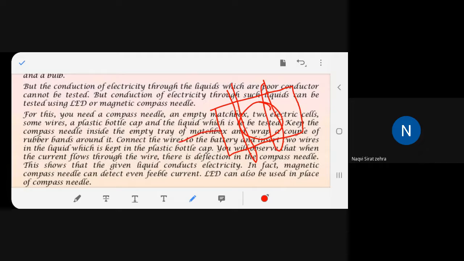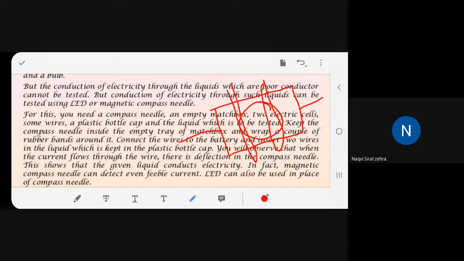Then you have to connect it with a battery and put two wires which will behave like electrodes in the liquid, and that liquid is in the plastic bottle cap. What you will observe is that when current starts flowing through the wire, the compass needle starts deflecting.